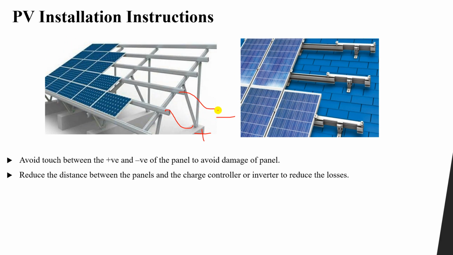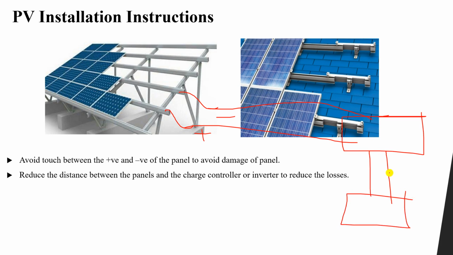So what's the next step? We are taking this and going to the charge controller. Then from the charge controller we connect to the batteries, and then from here we go to the inverter. So we have to make sure that the distance between panels and charge controller or the inverter must be reduced. Okay, so why?